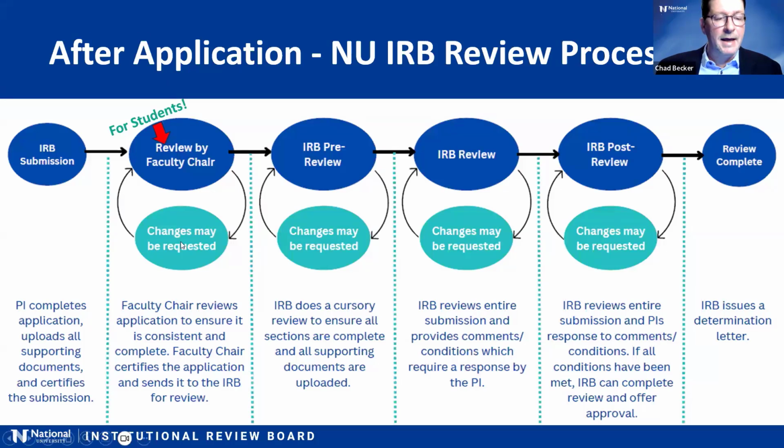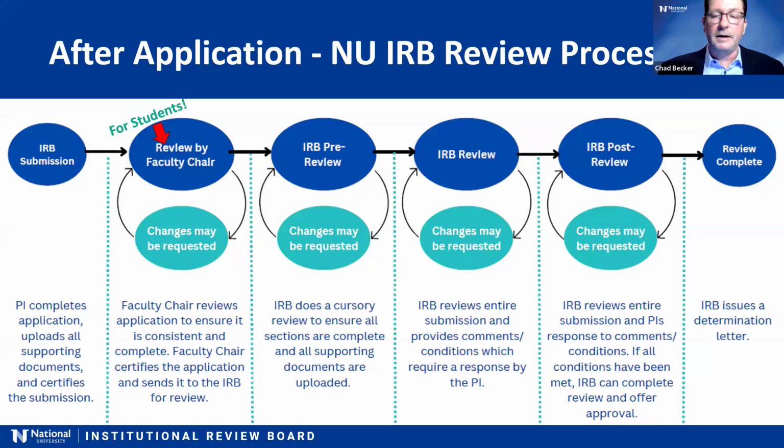So you may have a chair who sends it back to you, and you may have to revise and resubmit, in which case that chair or sponsor would see it again. So this loop hopefully doesn't take too long, but once you're through it, then the chair submits to us.